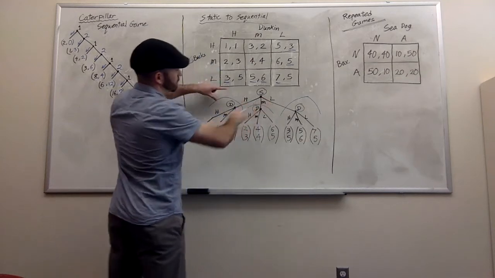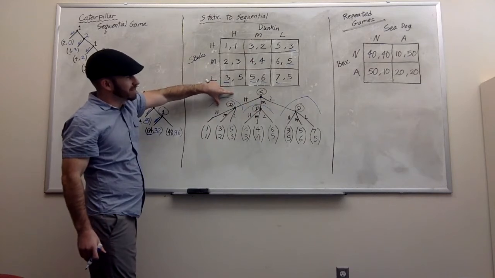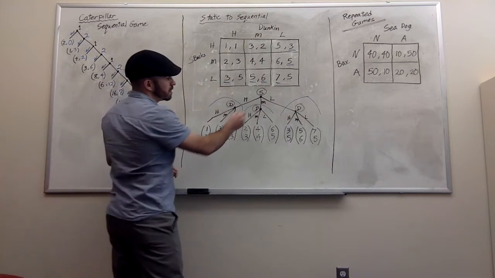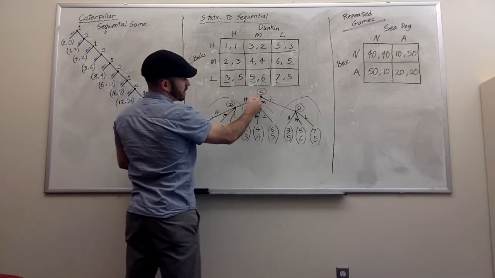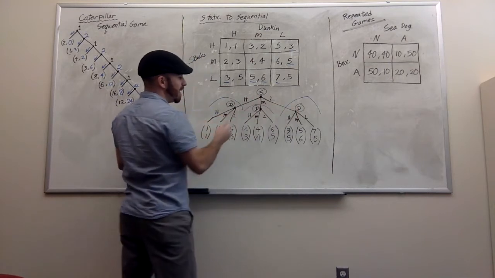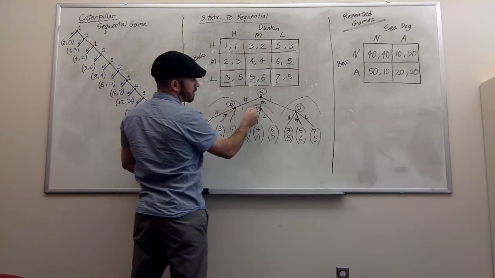What I've done here, sorry, is broken this up into what is a decision tree, right? So Starbucks is moving first, and they can choose high, medium, or low for their price. And then we have 3 different decision nodes for Dunkin', right?